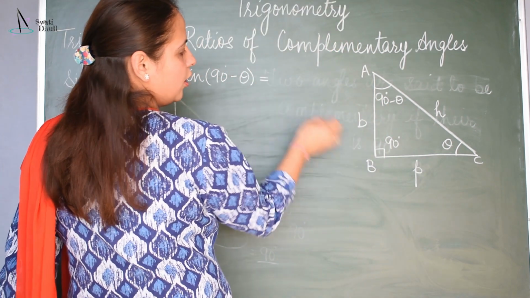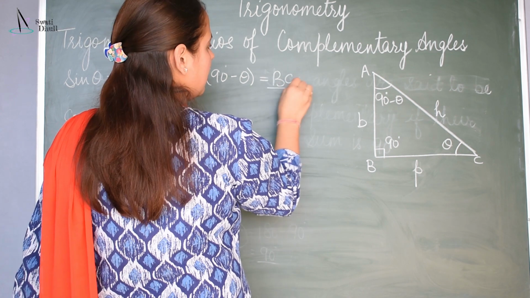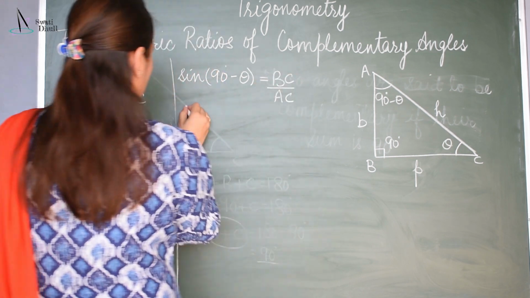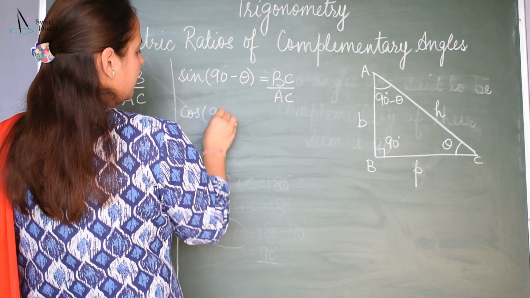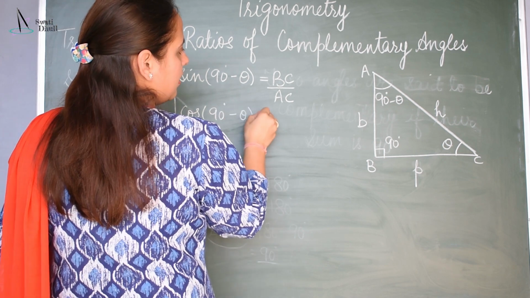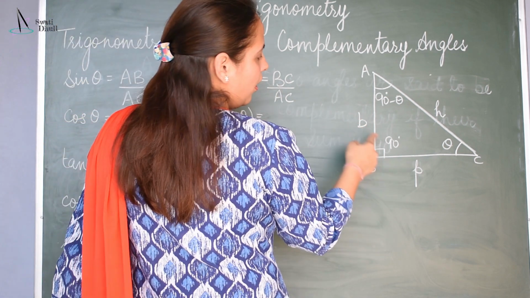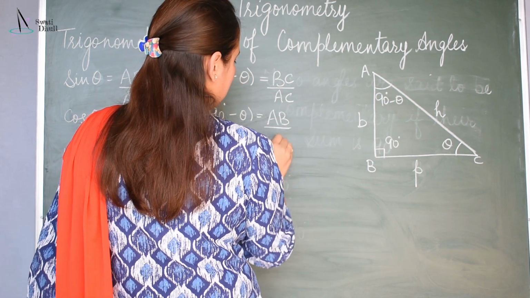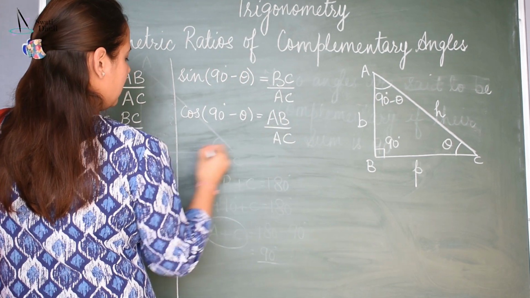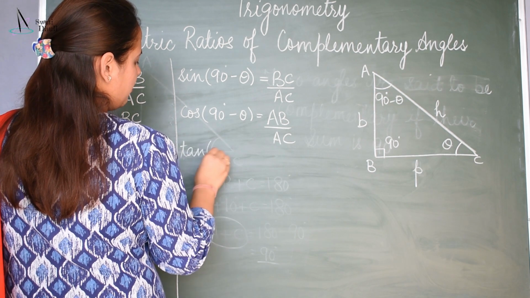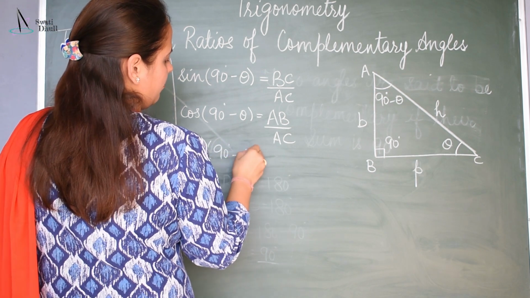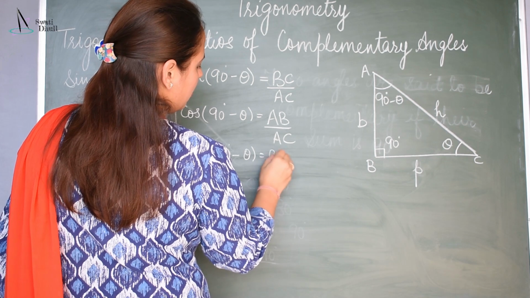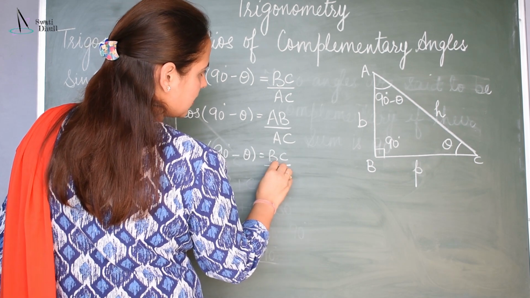So this will be equal to BC upon AC. Then cos of 90 minus theta is equal to base upon hypotenuse, AB upon AC. Similarly, we can find tan 90 minus theta, perpendicular upon base.